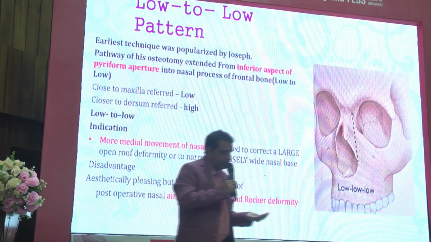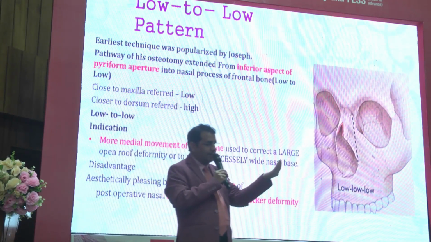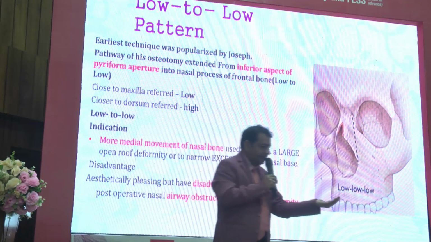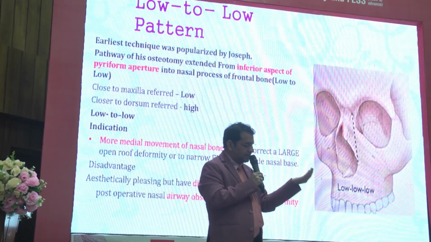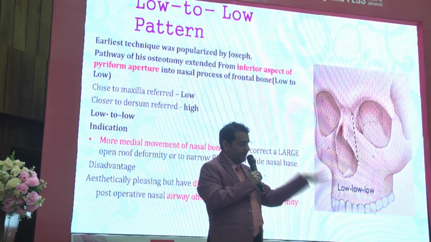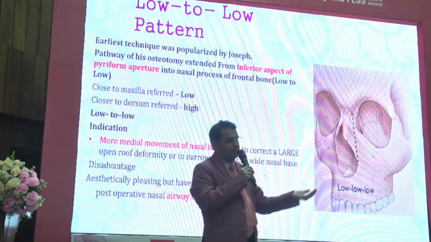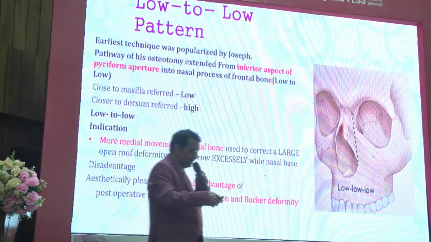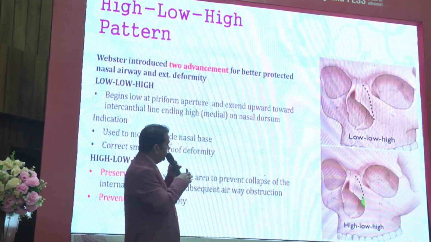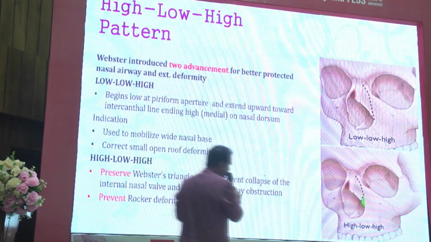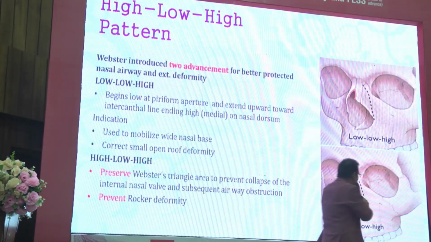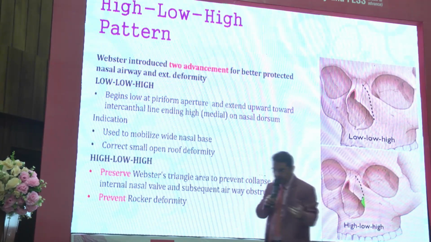So sometimes if your osteotomy enters in the thick part, one part of this bony pyramid separates and has a movement like this, that we call the rocker deformity. So he suggests once you reach the level of the medial canthus, you change your direction to superior oblique. So we can prevent the rocker deformity also.